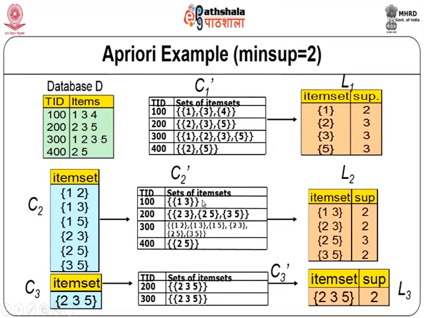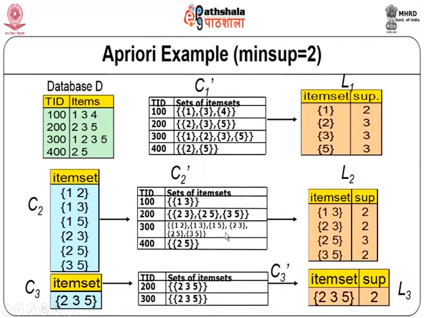Now, you will have to identify the frequency of occurrence for each and every one of these 2-item sets. For the item set 1 comma 3, when you scan through the database, you identify that it occurs in transaction 100 and in transaction 300. Therefore, the frequency of occurrence of item set 1 comma 3 will be equal to 2. Similarly, you will have to calculate for 2 comma 3, 2 comma 5, 1 comma 5 and so on.